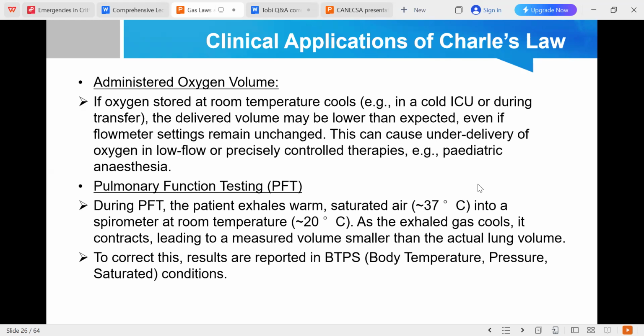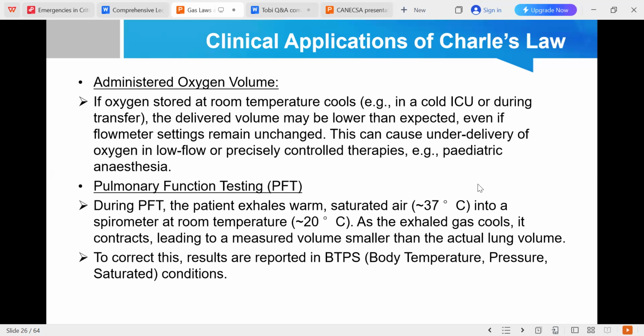During pulmonary function tests, we should always correct our results with the body temperature, pressure, and saturated conditions. Why? Because as the patient exhales, the air that comes out is warm and saturated at the temperature of 37 degrees Celsius.